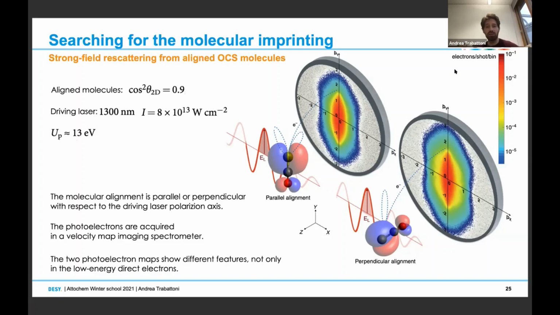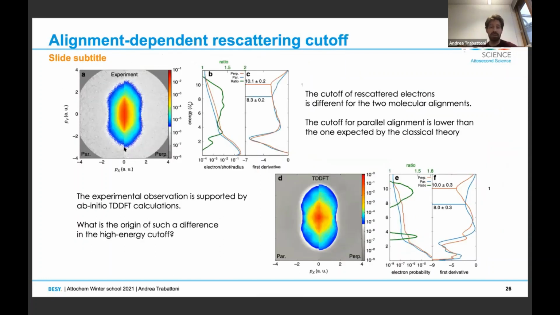And to corroborate this preliminary observation, we analyzed the data more carefully. Here you can see a close comparison between the momentum distribution for parallel alignment and for perpendicular alignment. And you can see that the momentum distribution at high energy is different. You can see here the distribution with a larger ratio of rescattered electrons for perpendicular alignment, especially in the high energy region.